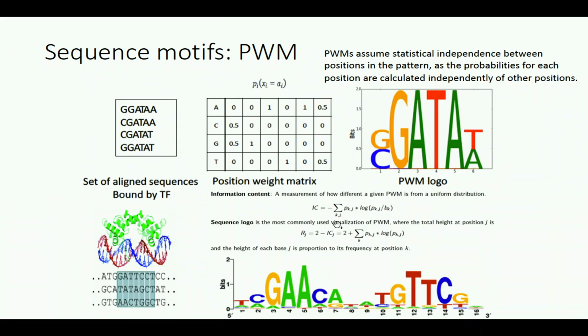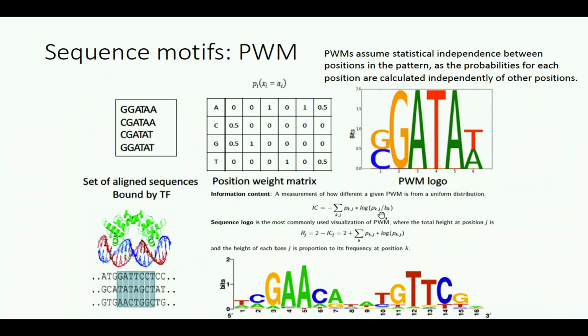One thing we usually visualize is called the PWM logo, an interesting visualization of this probability where we define the concept of information content, which is the negative of the probability times the log odds between that probability and a background distribution.